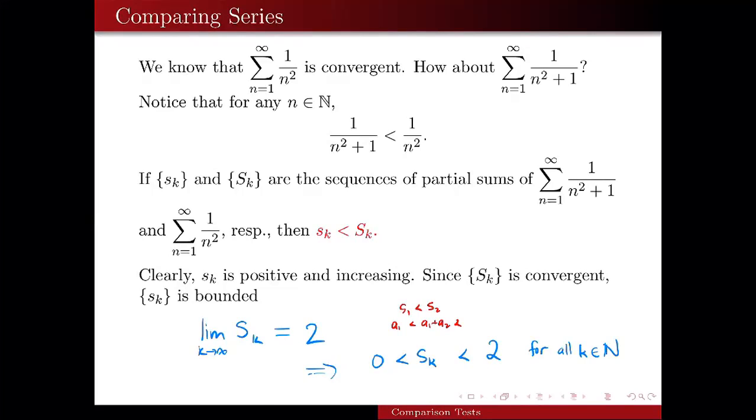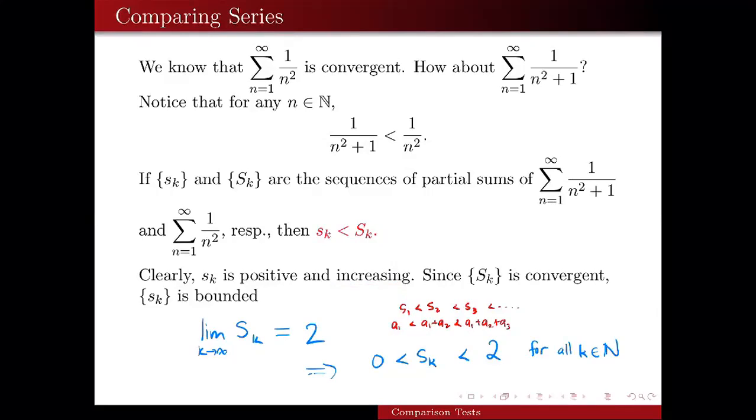And of course, A sub 1 plus A sub 2 will be less than A sub 1 plus A sub 2 plus A sub 3. So this is less than S sub 3, etc. Because again, you are just adding positive numbers to the previous. And therefore, your S sub k is increasing.